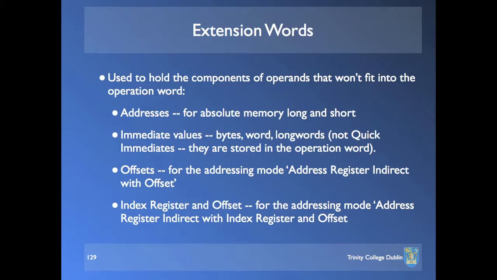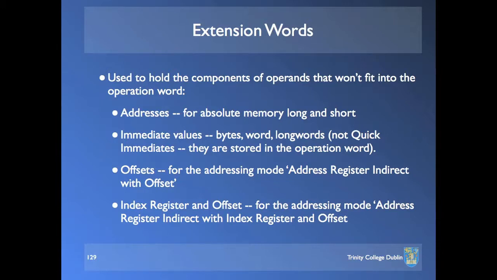And so if we have an immediate byte, well, that's obviously only going to need a byte of extension, okay? But in order to keep the instruction itself an even number of bytes long, that byte is fitted into a word, and the extra byte that's available is just not used. Okay? So an immediate operand of size byte takes one word, of size word obviously takes one word, and of size long takes two words.